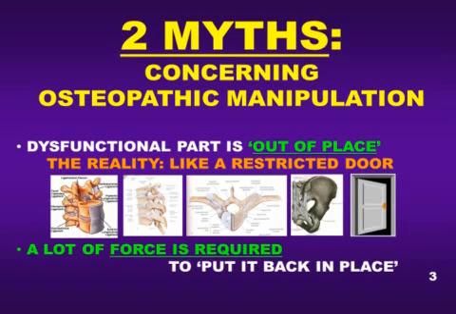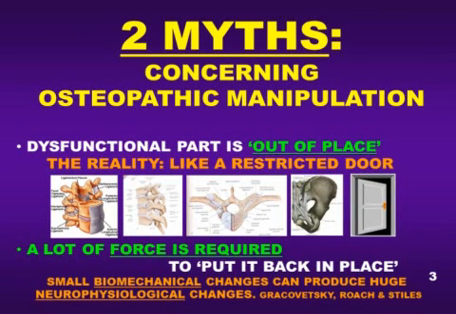The second myth is that a lot of force is required to put these dysfunctions back in place, whereas in reality, all you're doing is reestablishing normal movement. I recently did a study up in the Northwest with some people that were using the spinoscope and surface EMGs while people were on treadmills, and we treated them before and after.